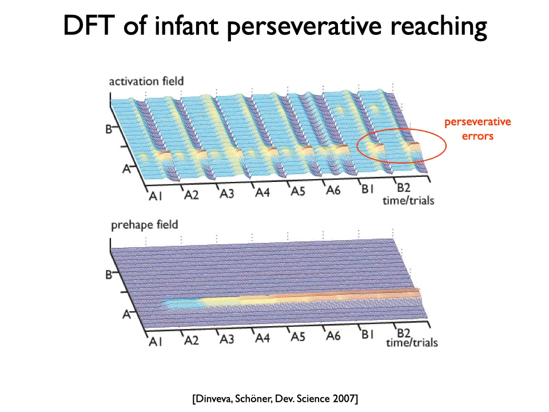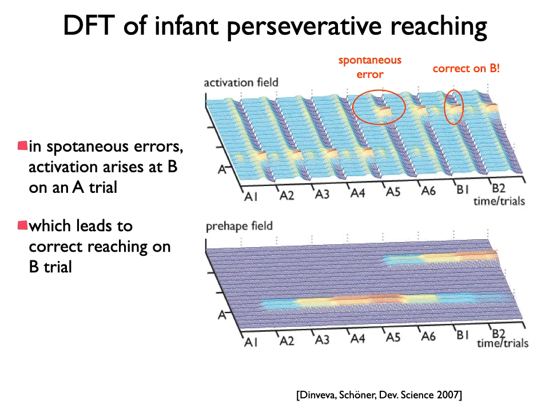Now it's interesting that about 20% of the babies make what are called spontaneous errors. That is, on an A trial, this is the 5th A trial, this input here, but the model and the infant reaches to B, makes a spontaneous error.